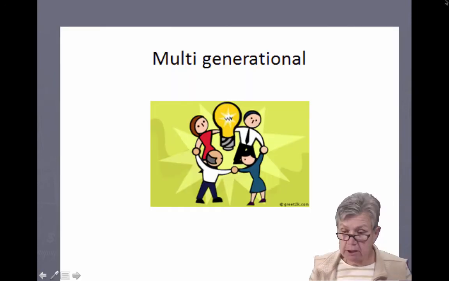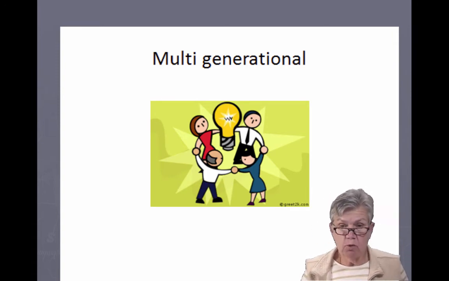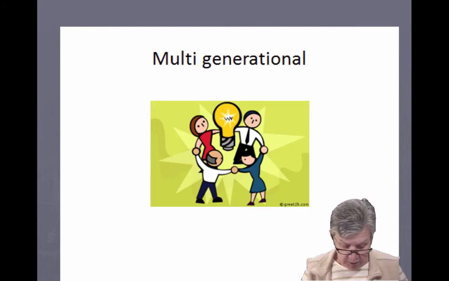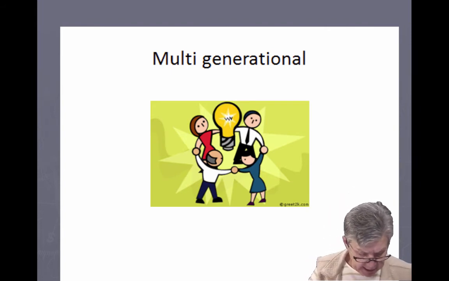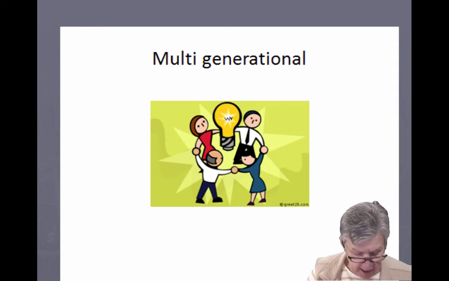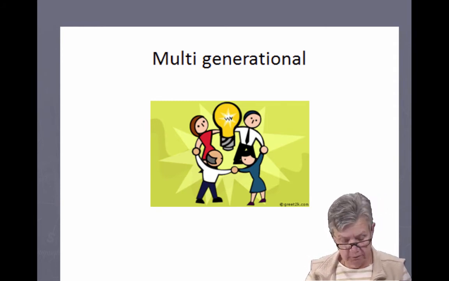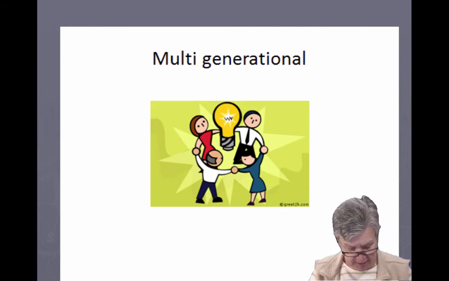On to a discussion of the generations in the workplace. In some ways, this connects, of course, because of culture and the differences between and among the generations. Clearly, there have always been different generations in the workplace. But today, perhaps more than ever, we have 4 different generations that span a significant amount of time.